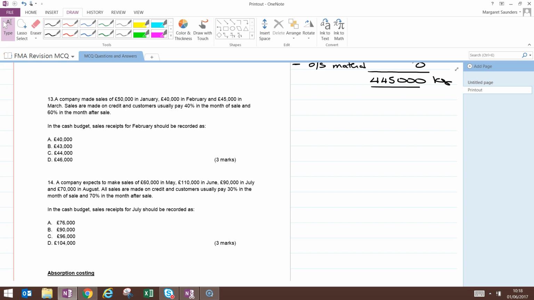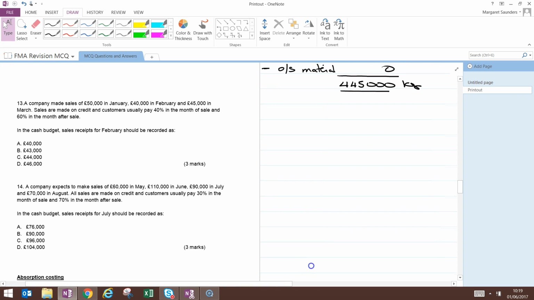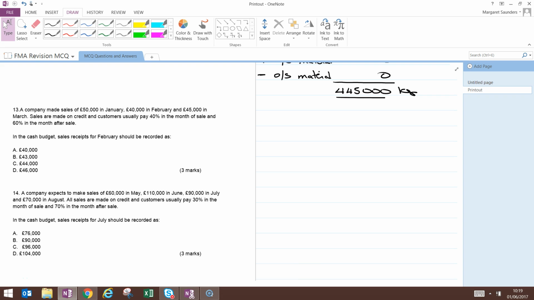Now I can't emphasize enough the best approach to these sort of questions, especially if a cash budget was a longer question where the payment terms would be a bit more complicated: you need to draw up a small table. Within this table, we will have the sales.